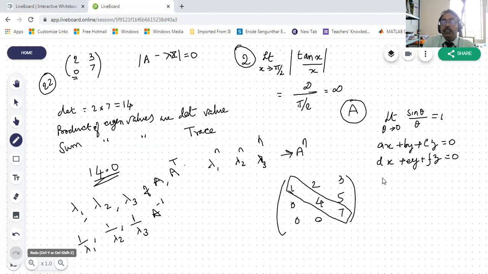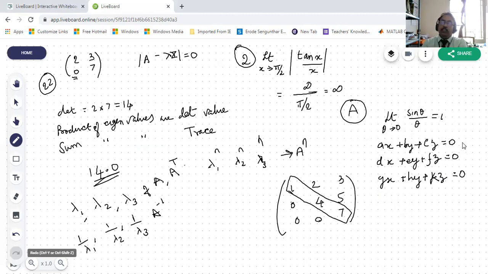And gx plus hy plus kz equals 0. I have written I, J, K or something.